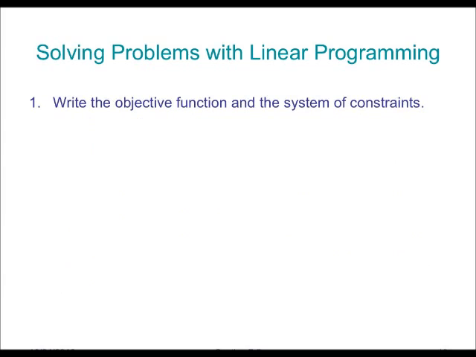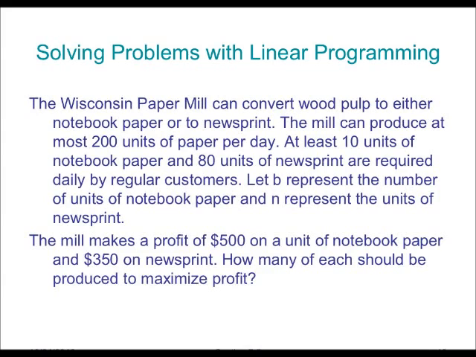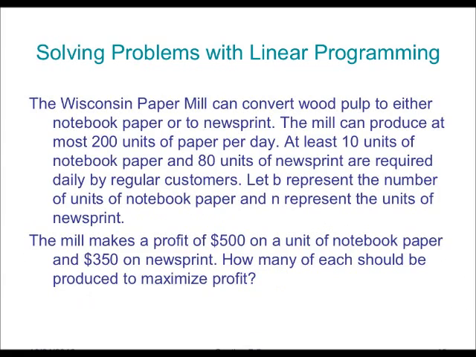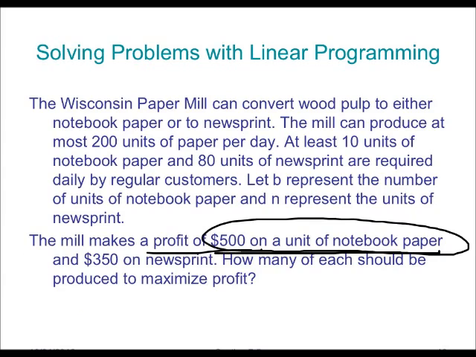So the first thing we need to do is write an objective function. Well, that is the profit that comes from the paragraph at the bottom. We make a profit of $500 on a unit of notebook paper. So for every notebook paper I sell, I'm going to make $500 profit.